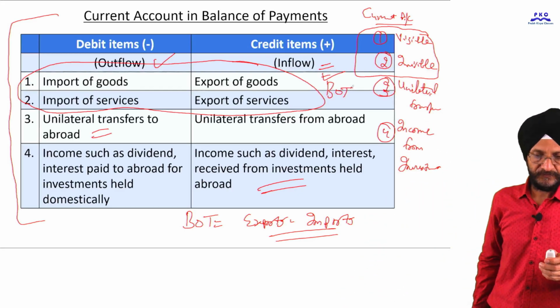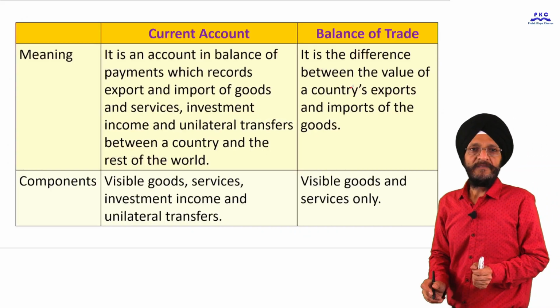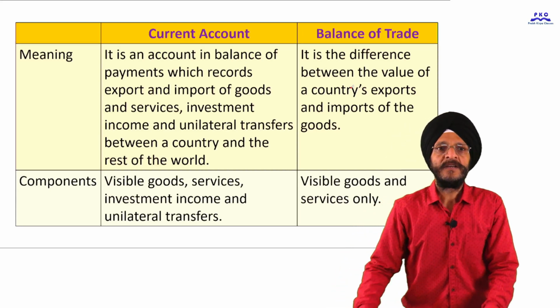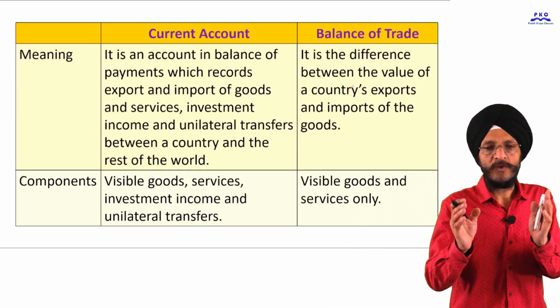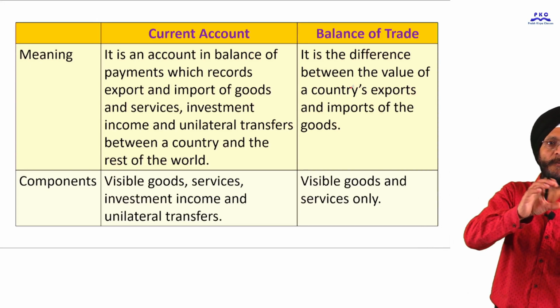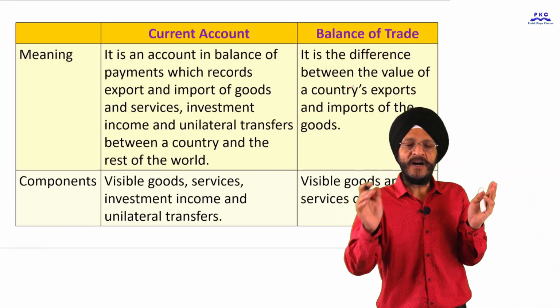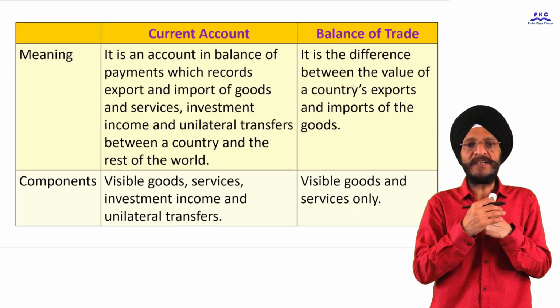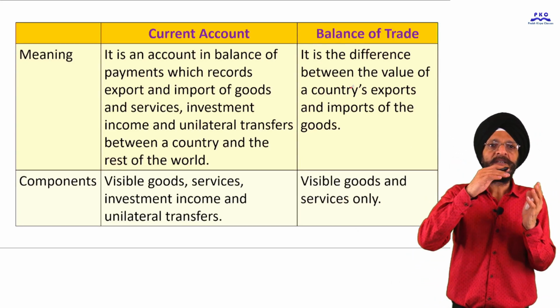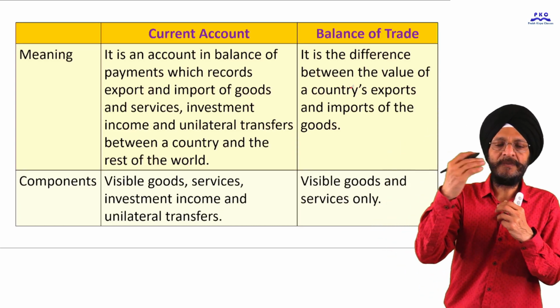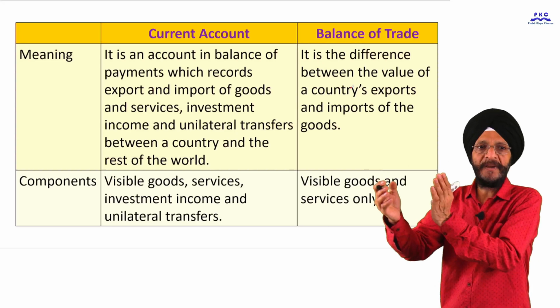Now we will have an overview of the difference between current account and balance of trade. Current account is one of the components of balance of payments where we record exports and imports of goods and services, unilateral transfers paid and received, and investment income received and paid.